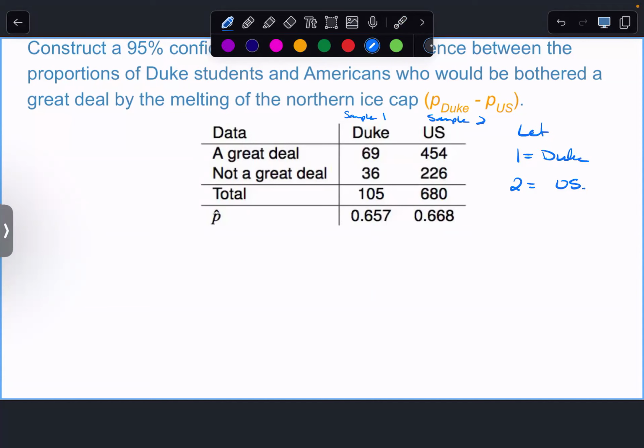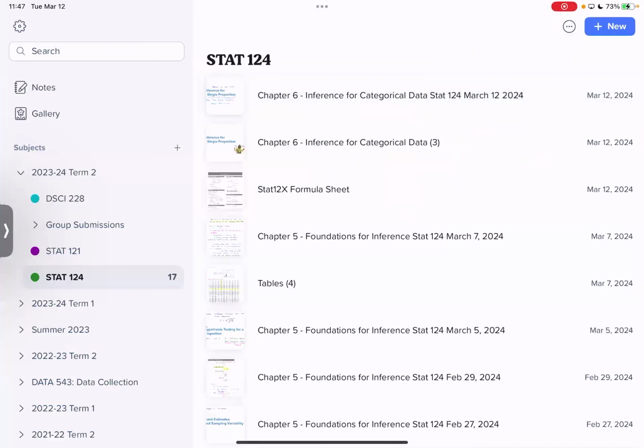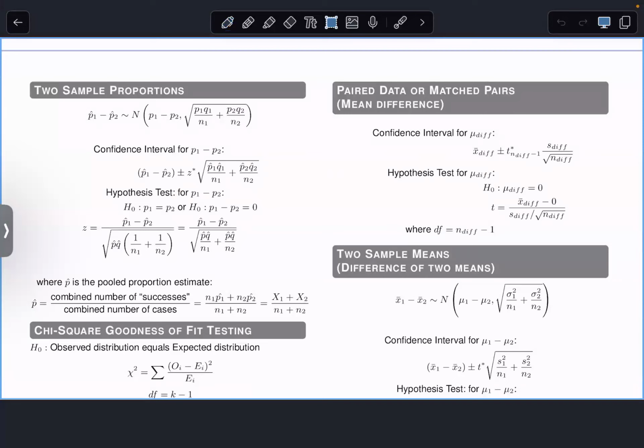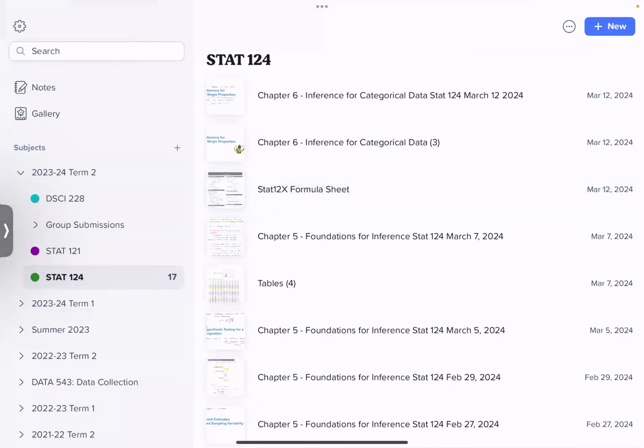Okay, so we wanted to make a confidence interval. From our formula sheet, I've got Duke students and Americans, 2 groups. I've got proportions from each group telling me this is a 2 sample proportion question, and I want to make a confidence interval, so that's where I'm looking.